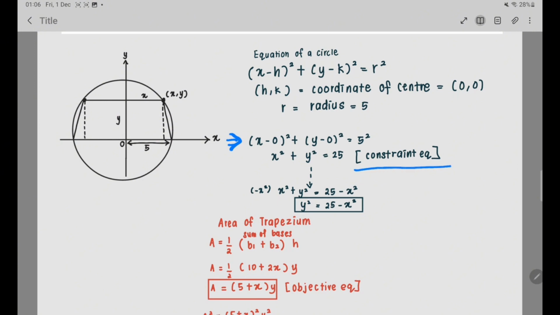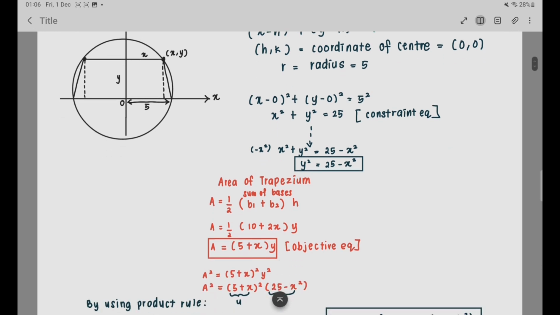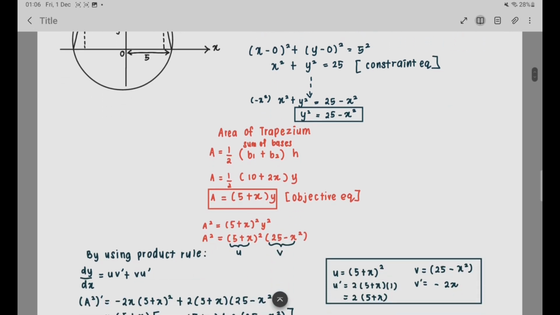So we need to rearrange the equation until we get y squared in terms of x. As we already know, the area of a trapezoid is half times the sum of its parallel bases, times the height.